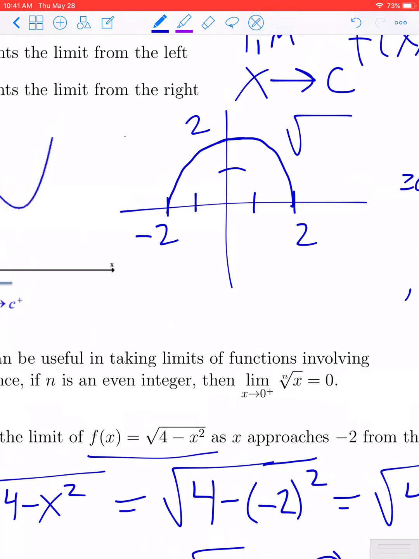So this function f of x isn't defined for values of x that are less than negative 2. We won't be able to do a left-hand limit here, but we can certainly look at what's happening as x approaches negative 2 coming in from the right-hand side. And that right-hand limit is going to be the value of 0.